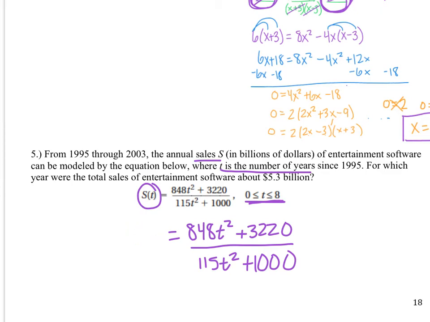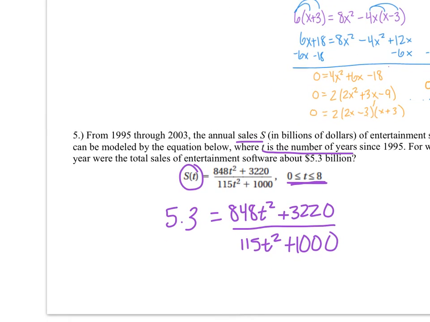for our S. So how do we like to get rid of fractions, guys? We like to multiply by the denominator. So in this case, there's some big numbers there. But our denominator is 115t squared plus 1,000. So that's what we have to multiply both sides by. So we're going to multiply the entire equation, both sides, by that denominator.